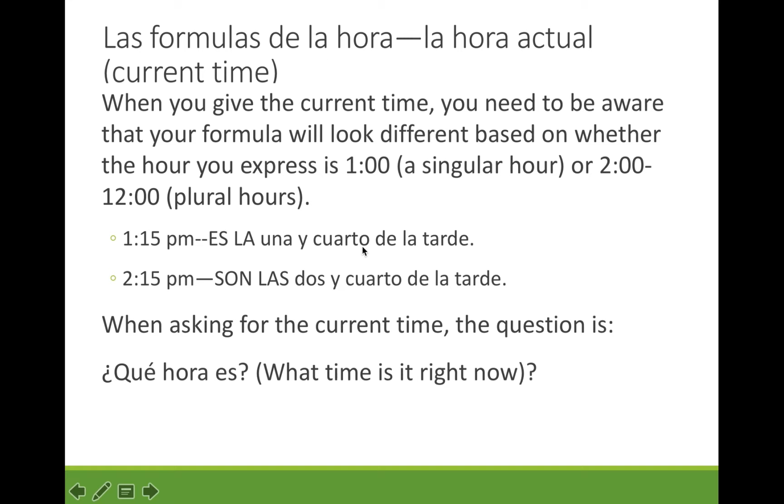Es la 1:15 de la tarde. Okay? Or you can say es la 1:15 de la tarde. But if it's 2 through 12, we need plural. Son, right? Remember, es and son is the plural form. Las is the plural form. Son las 2:15 de la tarde. And when you want to know what time is it right now, ¿qué hora es?